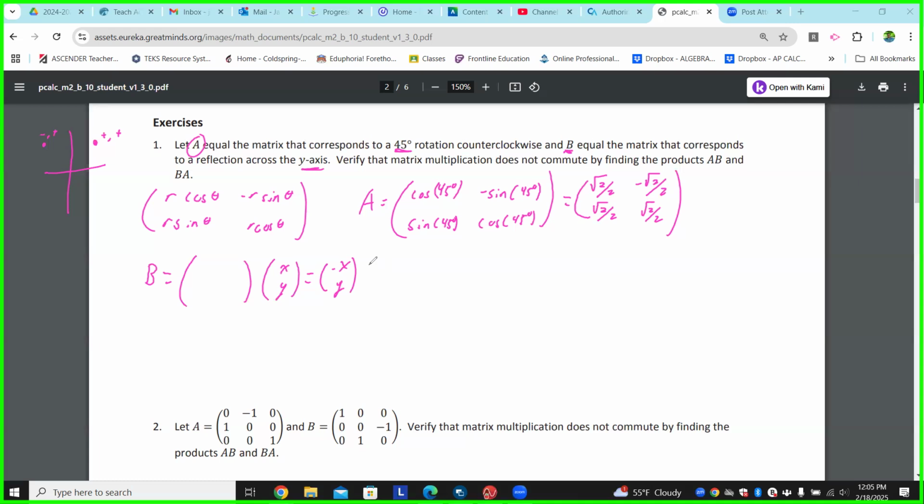But in math, there's always logic behind it. So if this is my original point and I now want a point that looks like this, what does the first row have to be so that I end up getting a negative? A negative something. What would that negative be if I just want that negative X? All right, -1. What would this one be? 0, because I just want negative X as my answer. So -1 times X is negative X. 0 times Y is 0. So I get just negative X. What would row 2 have to be in order to just get a Y?